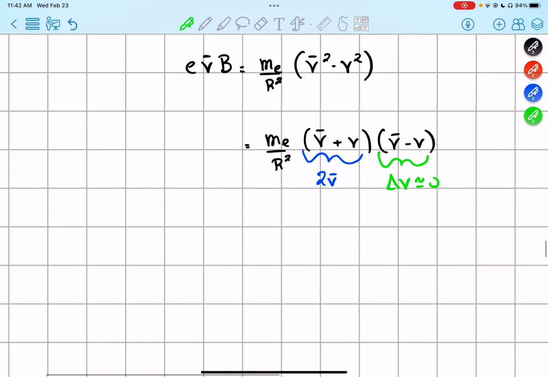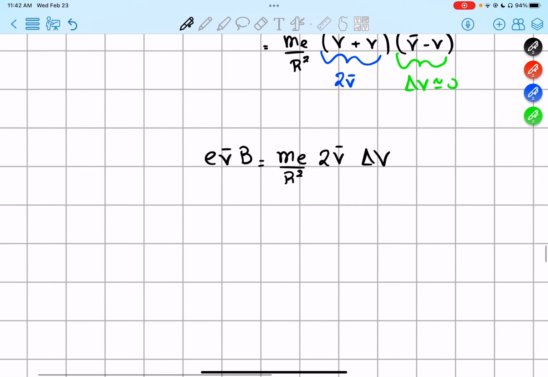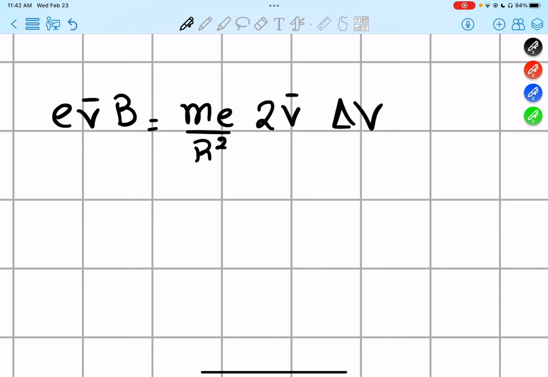So on the left side now we have EV line B times ME over R squared times 2V line times delta V. And now we can simplify this V line with this V line.